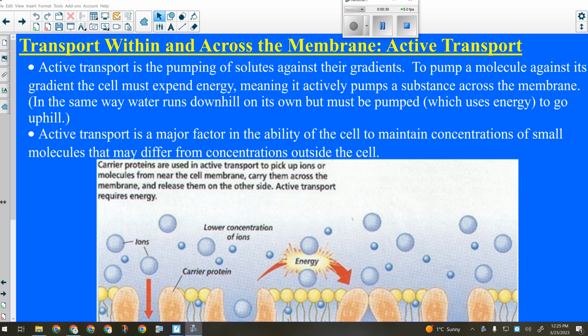Okay, so just as a quick review, diffusion is the passive movement of any material down the concentration gradient, or from high concentration to low concentration, the way they would naturally move.